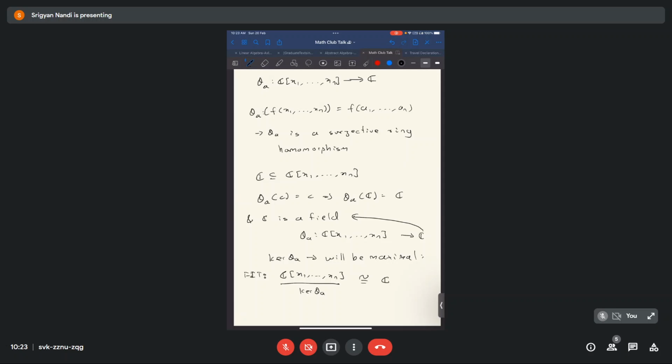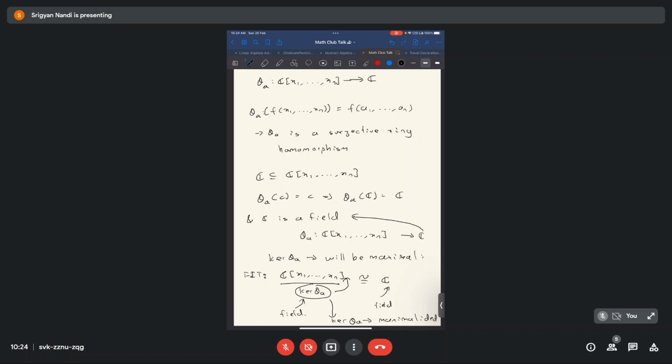But we know from the fundamental result that since C is a field and the quotient is isomorphic to it, the quotient must also be a field. And the kernel is an ideal of C[x1, ..., xn], which from one of the fundamental results that we described implies that the kernel of theta A is a maximal ideal.